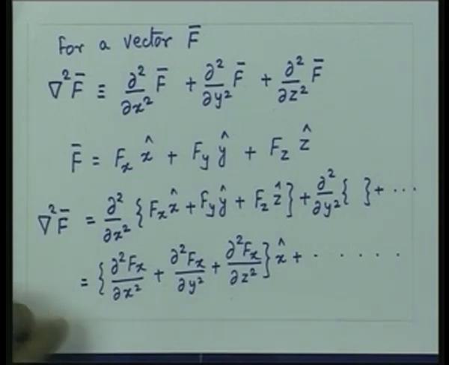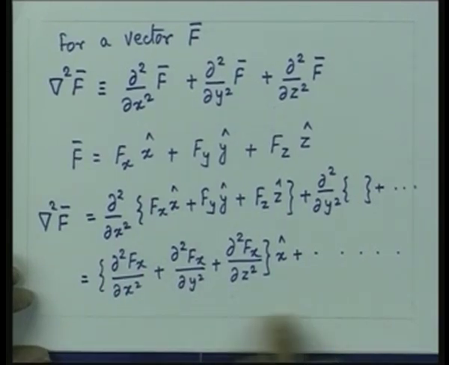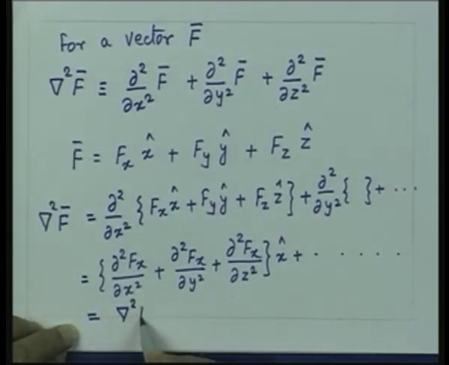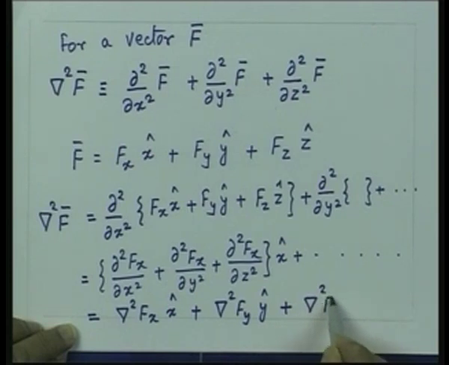So, essentially I take this Laplacian operator which is operating on each of the components. This is equivalent to saying this is del square of fx into x plus del square fy into y plus del square fz into z.